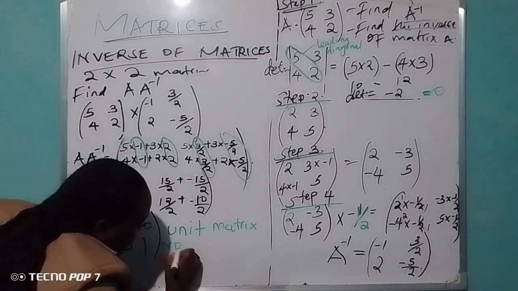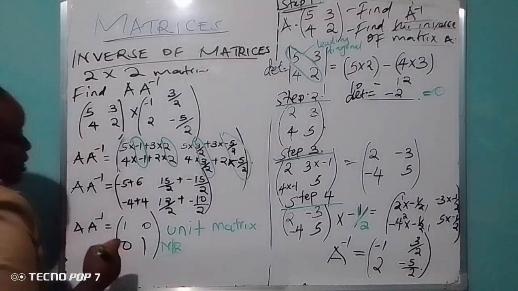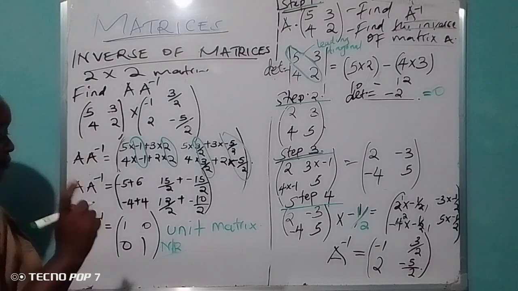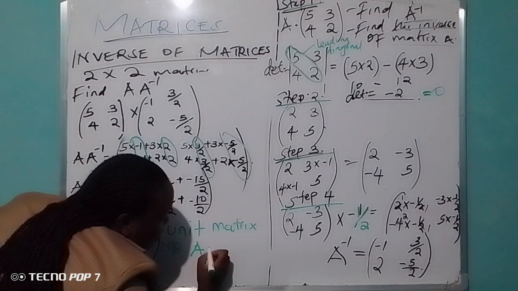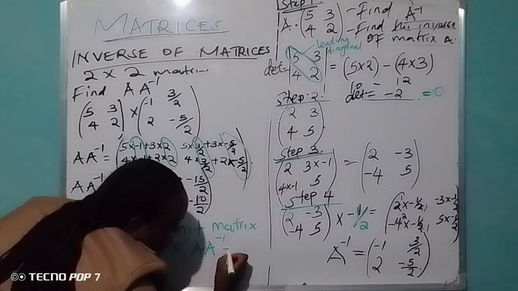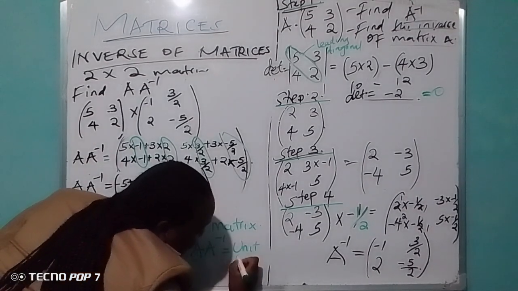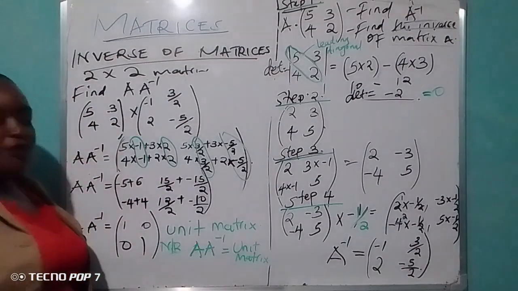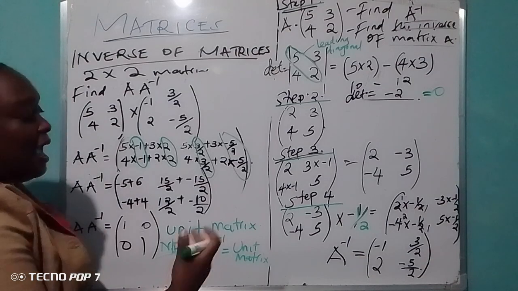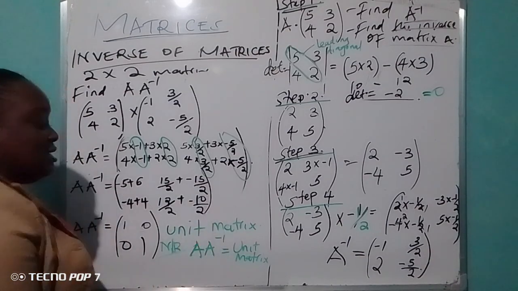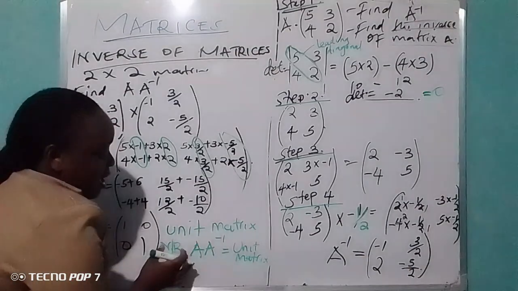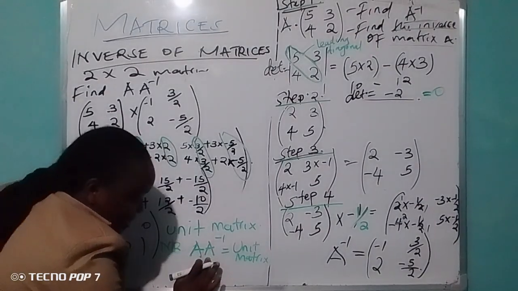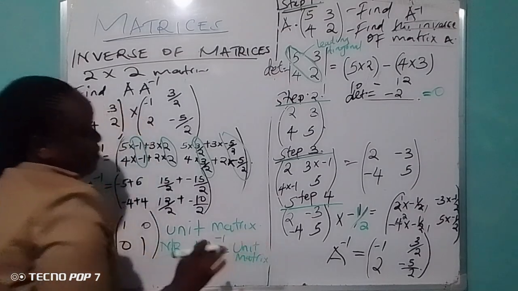So NB, A times A inverse is equals to a unit matrix. Okay? Sikutaka kuandika in long form that when you multiply a matrix times its inverse, itakupea unit matrix. It's just the same as this. NB, a matrix times its inverse, it gives you a unit matrix.